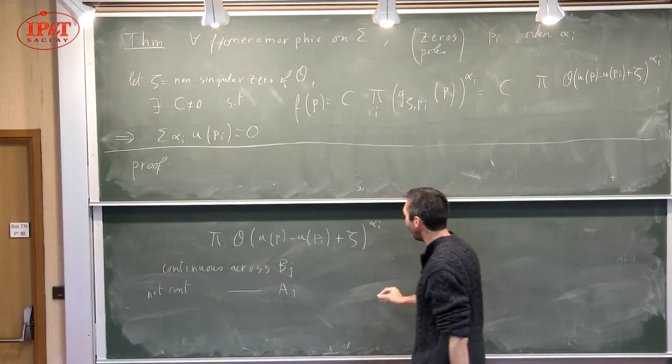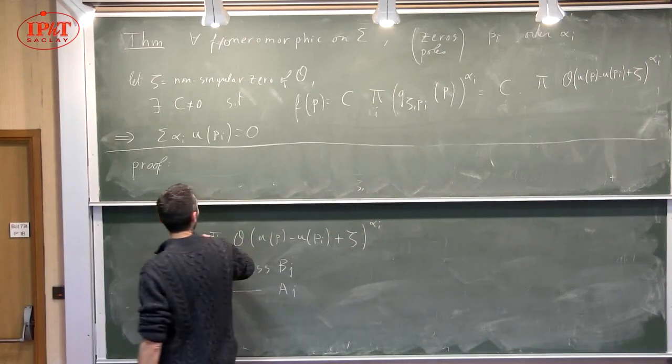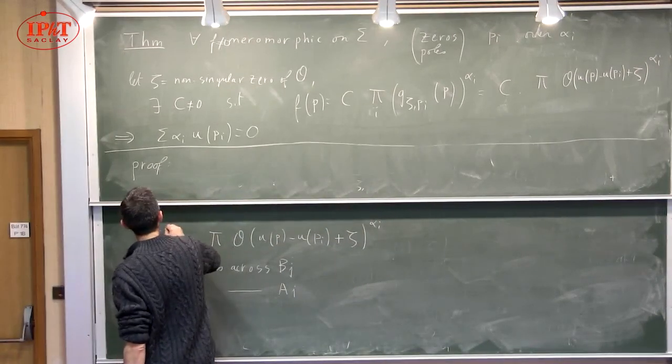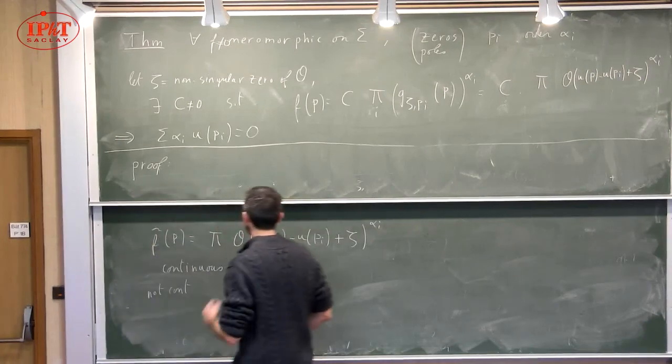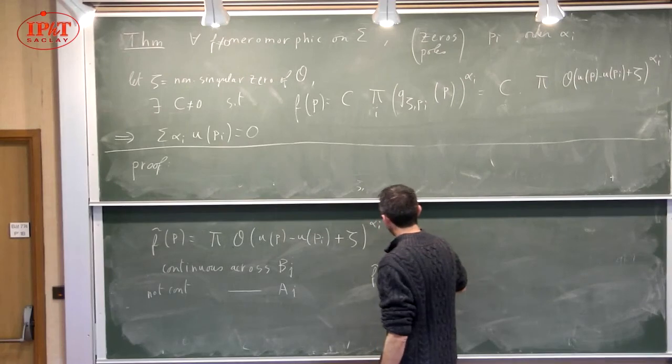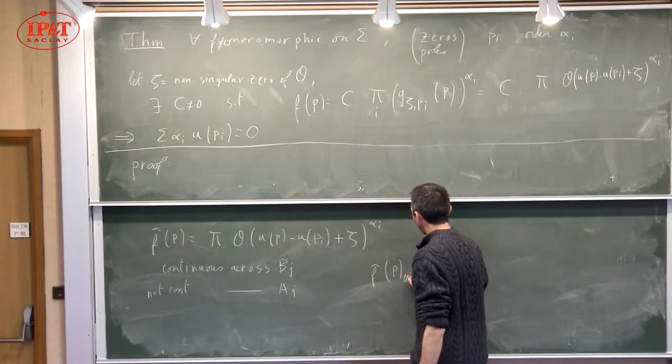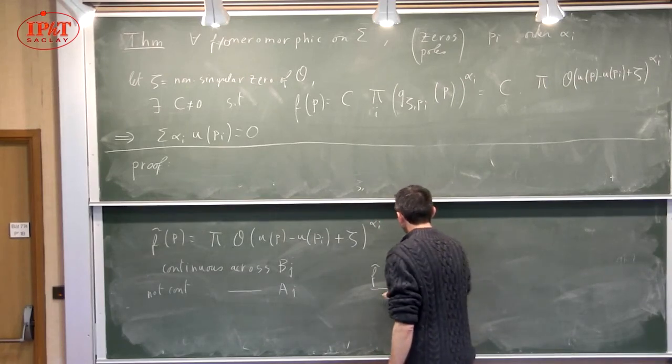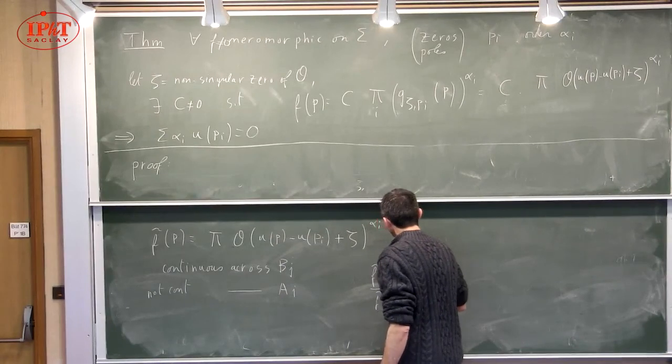Let's call that function f tilde of p. So we have f tilde of p left over f tilde of p right.